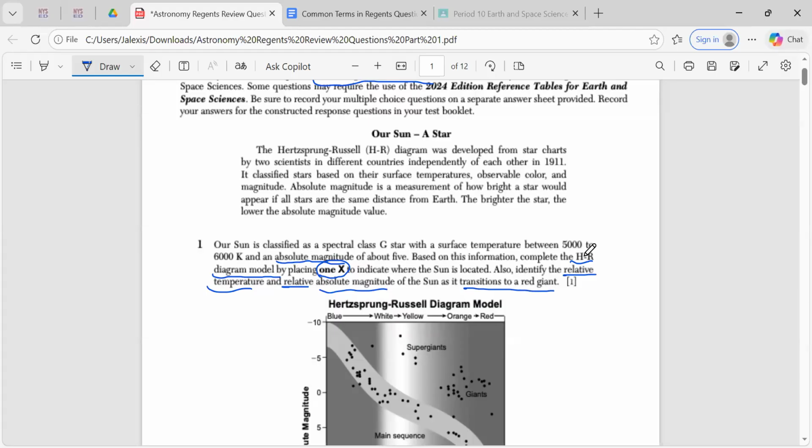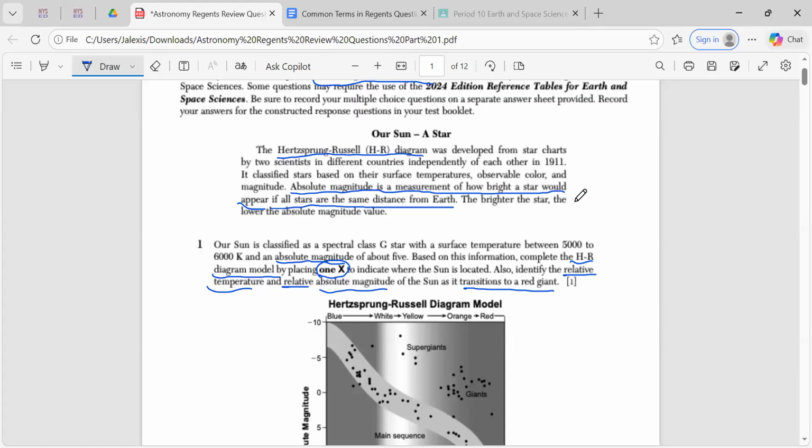Okay. So just looking at a couple things, I see terms about the HR diagram. I see absolute magnitude. And if you're like, okay, I don't know what that means, there is a short reading about the HR diagram that we can scan and read here. Absolute magnitude is a measure of how bright a star would appear if all the stars were the same distance from Earth.